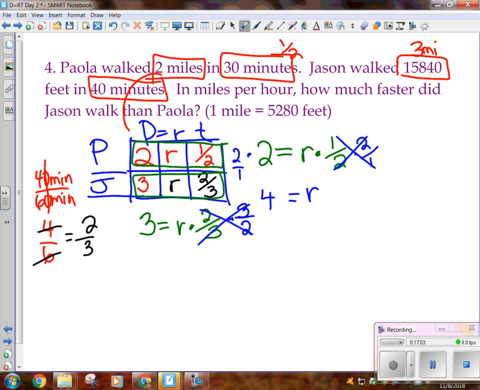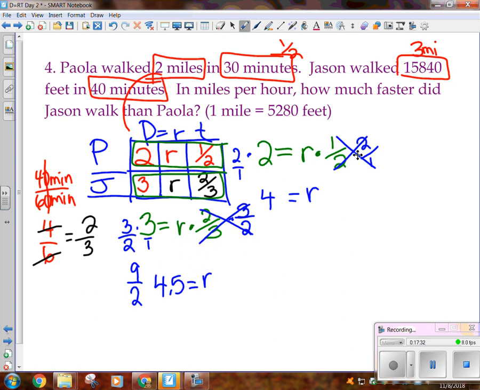It's going to get rid of the 2's top and bottom. But if I multiply this side by 3/2, I have to multiply this side by, it's going to be what? So 3 times 3, you could always put a 1 under that. 3 times 3 is 9. 2 times 1 is what? So I am going to have a decimal. If you have $9 divided 2 ways, 4.5. So 4.5 is equal to R.